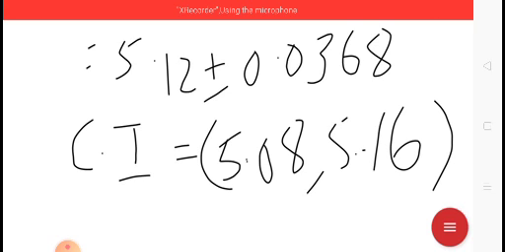So you will have this confidence interval. Actually it is very simple. What is important is that you know how to find the z.